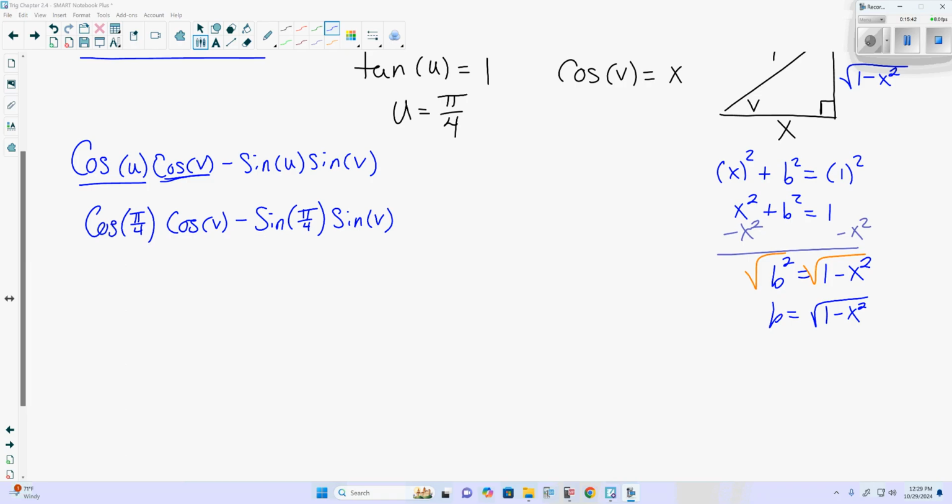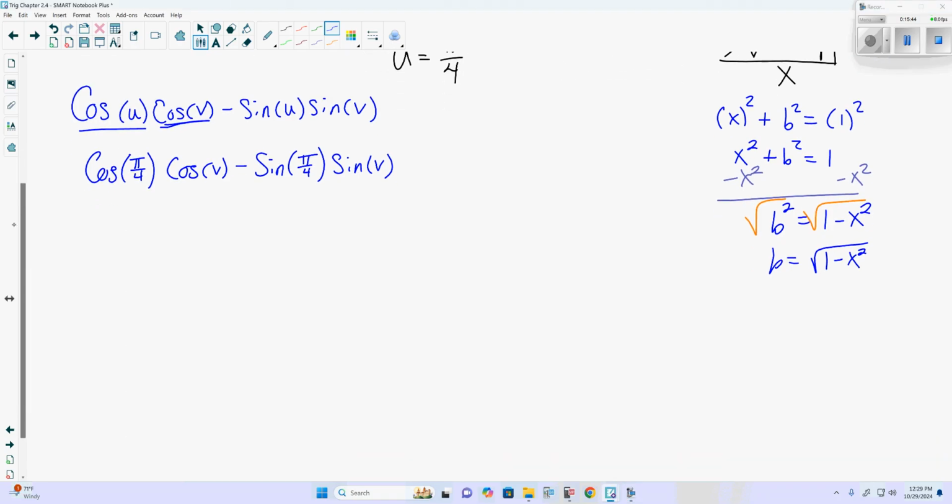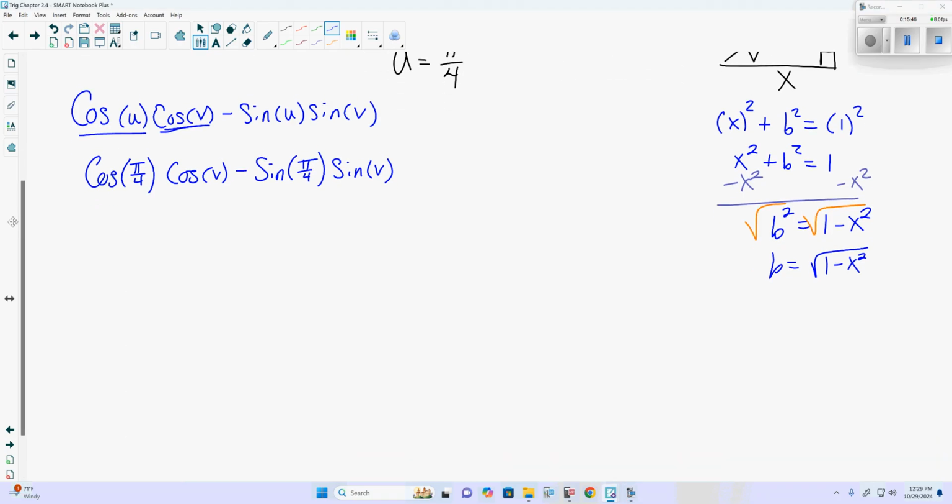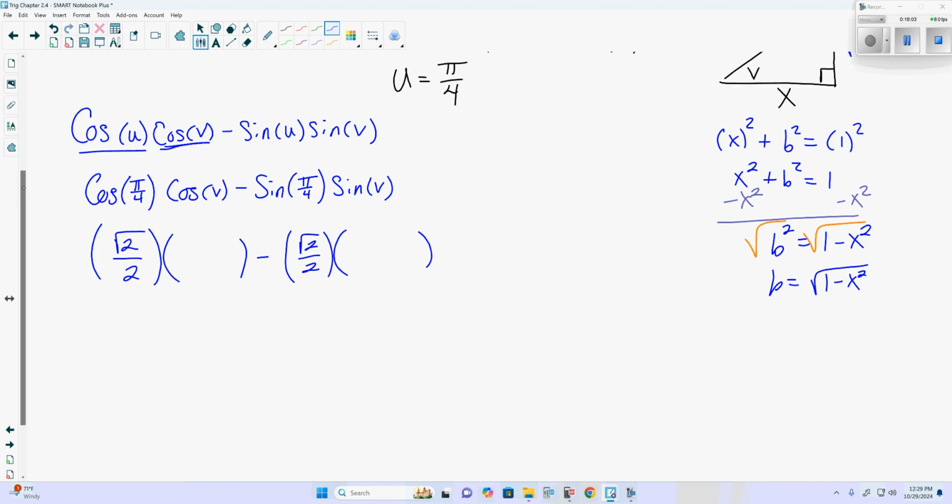All right. So, focus in here. Sine of and cosine of pi over 4 is square root 2 over 2. Now we just need to figure out what cosine of v and sine of v are.